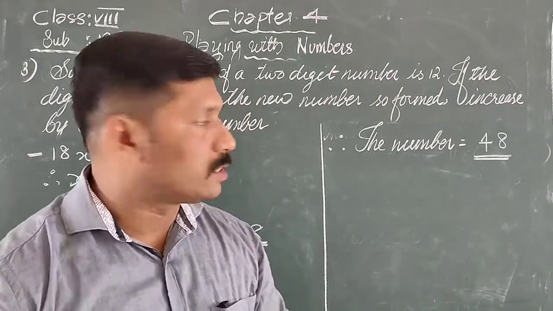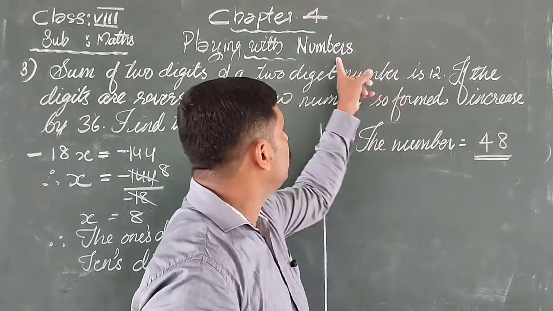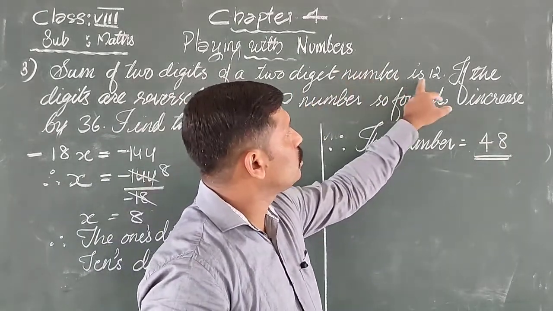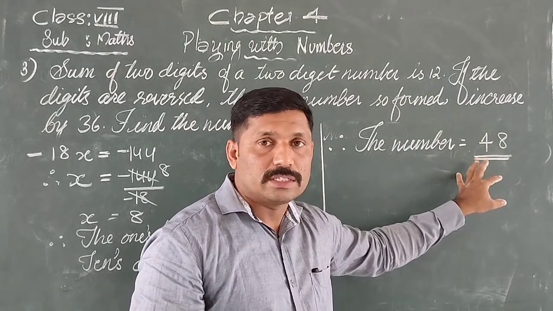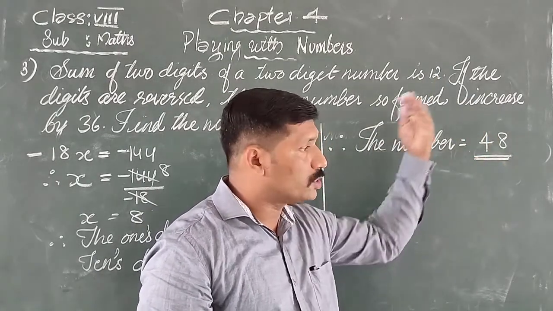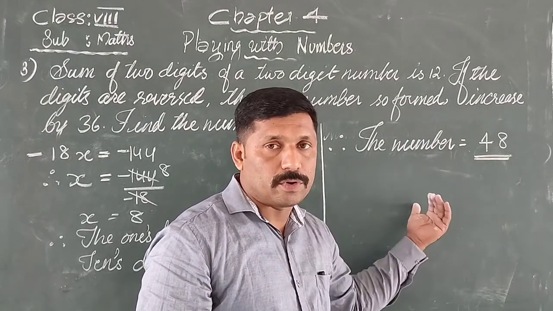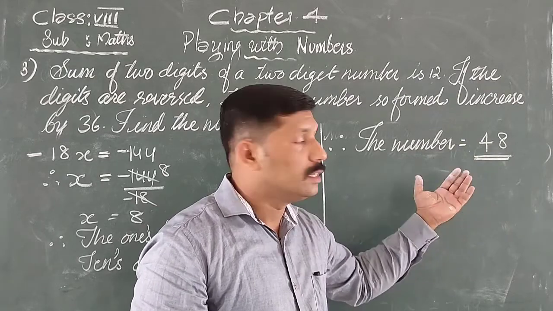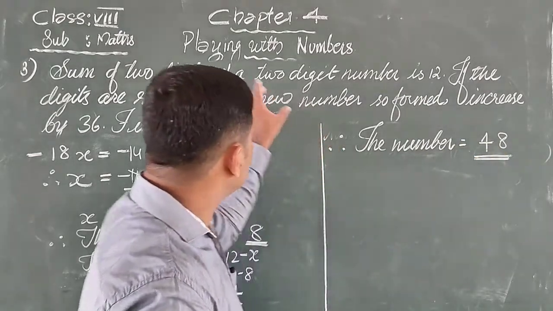If we add the digits 8 plus 4, we get 12. The sum of the digits of the number is 12. And when we reverse 48, it changes to 84, and that 84 is 36 more than 48. That is told in the question.